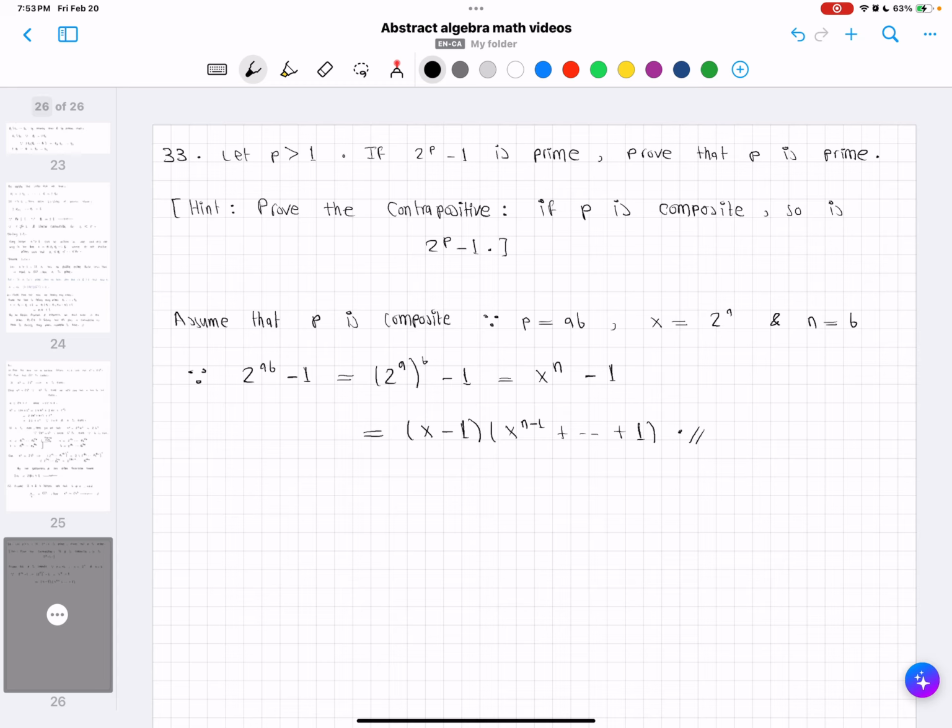It's just like, heuristically speaking, if 2 to the P minus 1 is prime, then you've generated an odd number that comes from powers of 2, and you subtracted 1 from that.